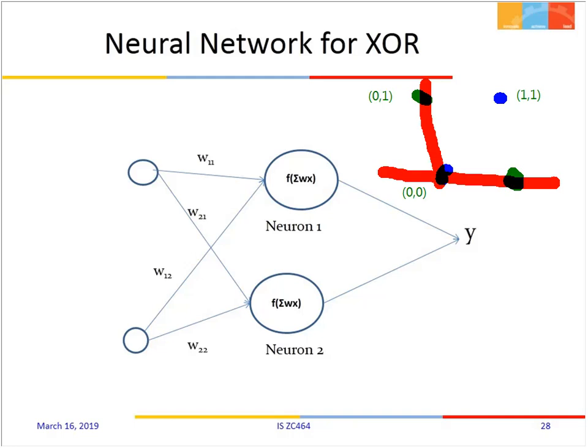So we cannot separate out these two by one single line. I may have this line, right, but this is separating with a classification error of 2. Another line is again separating the data with an error. If I make a third line, it is still inclusive of two mixed classes.